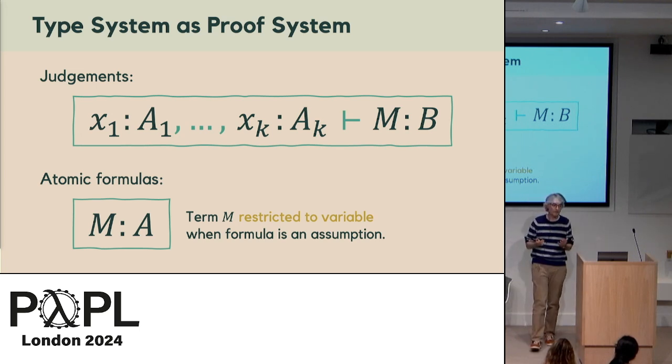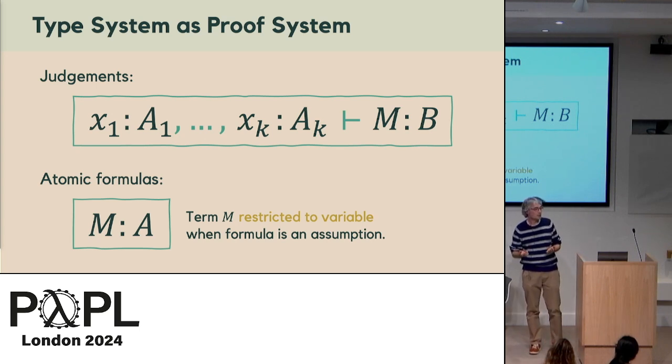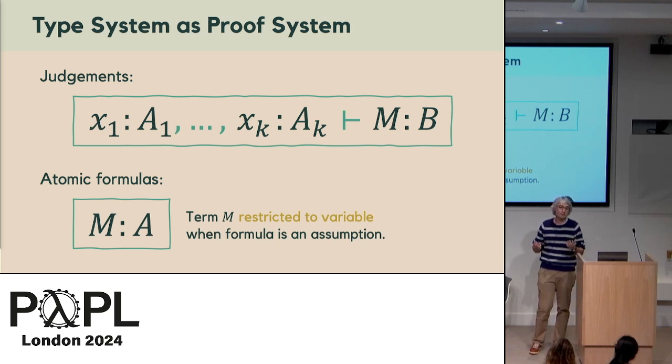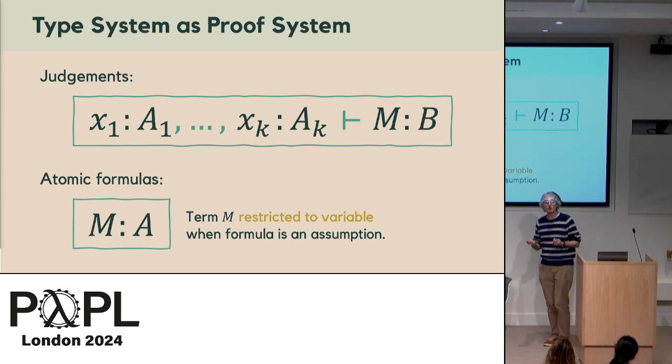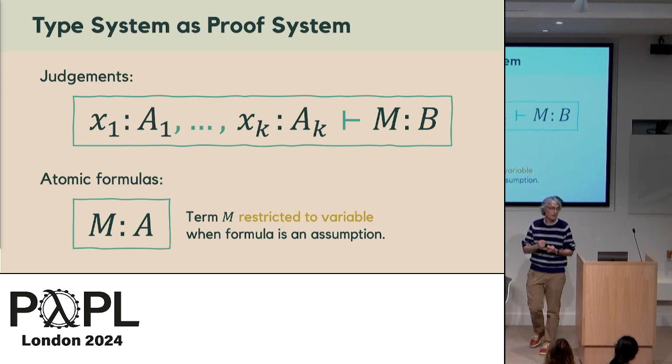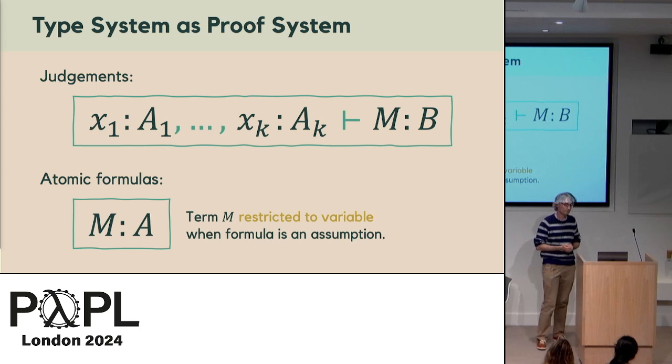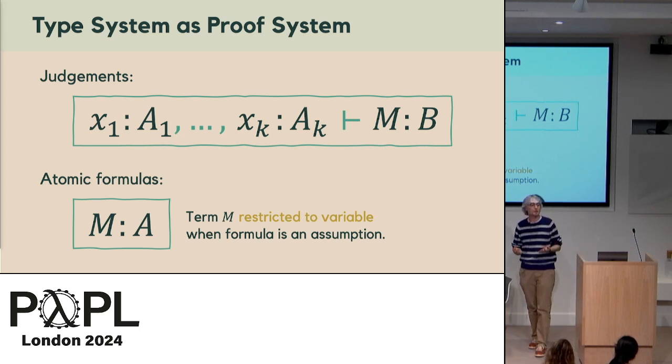And this view reveals to us something immediately, which is that there's a fundamental asymmetry baked into type systems, which is not present in more standard proof systems, say for first-order logic, which is that although we can conclude an arbitrary atomic formula, an arbitrary typing, we may only assume typings have a certain shape, namely variable colon type. We can't assume an arbitrary typing on the left. It's clear why this evolved if we think of type systems as a means to define what constitutes valid syntax.